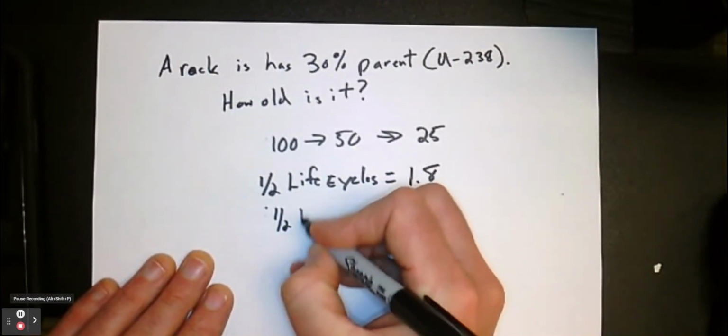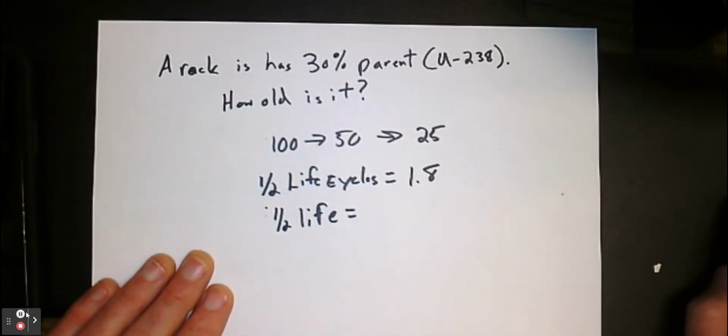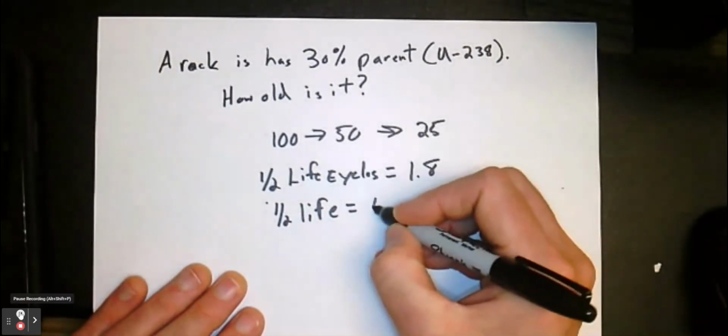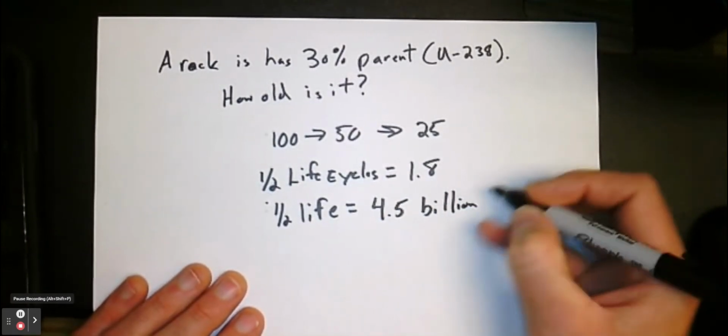My half-life, since it's uranium-238, I would need to find the half-life for uranium-238. It would be given to you. This half-life is 4.5 billion years.